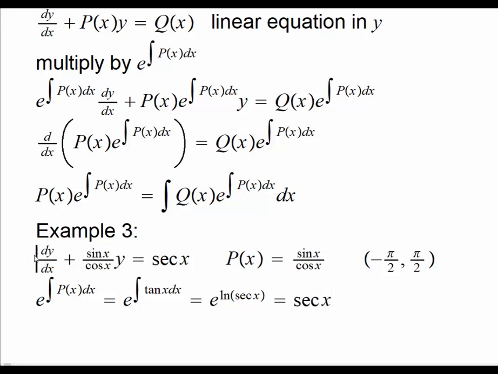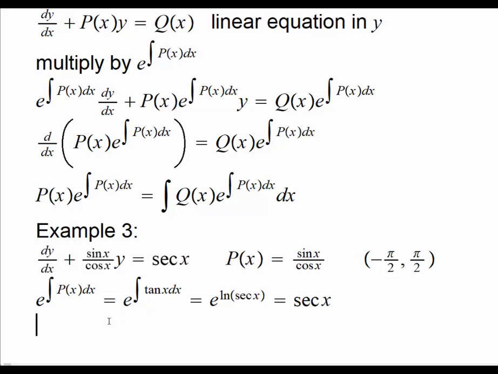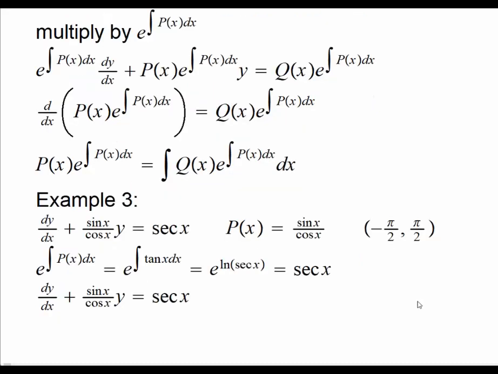If I multiply this equation by secant of x, I have secant of x here, secant of x, and this becomes secant square x. Let's change this to tangent x. I could have kept that like this to begin with.